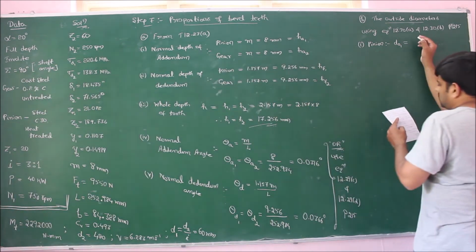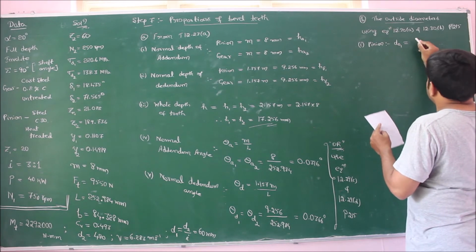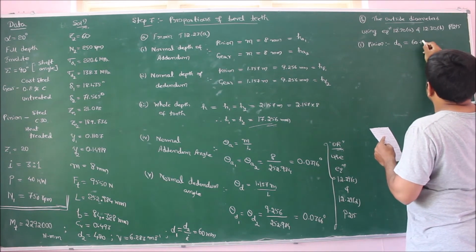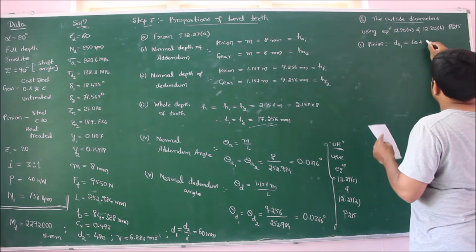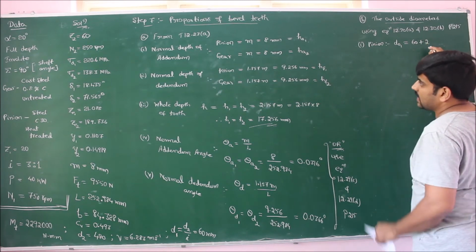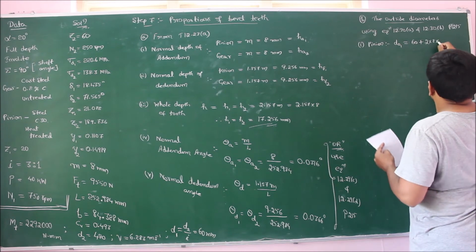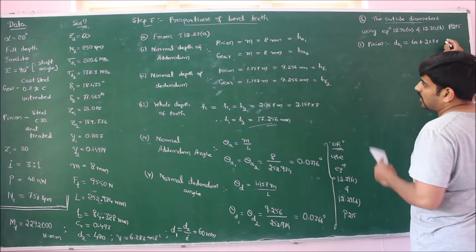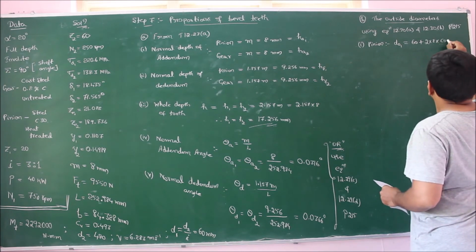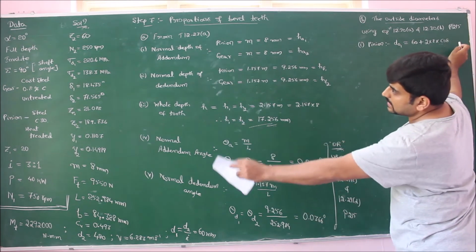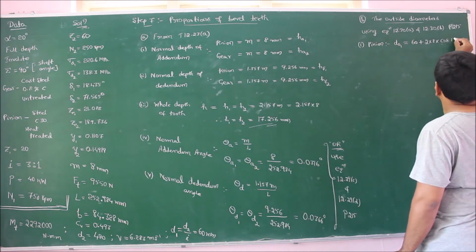Substituting into the formula, the outer diameter is D1, 60, plus 2 times HA1, HA1 is 8, times cos delta 1, that is cos of delta 1 where delta 1 is 18.435.